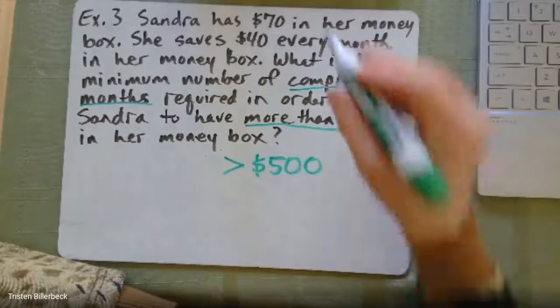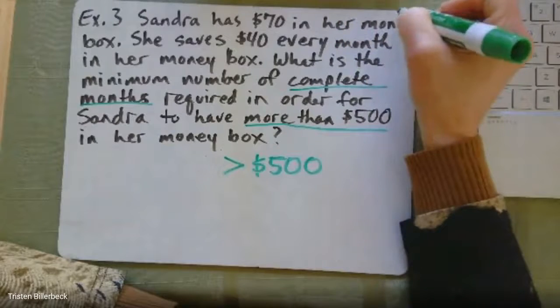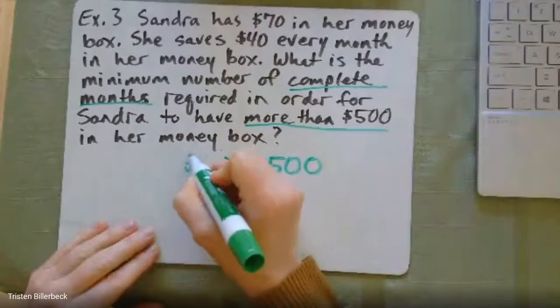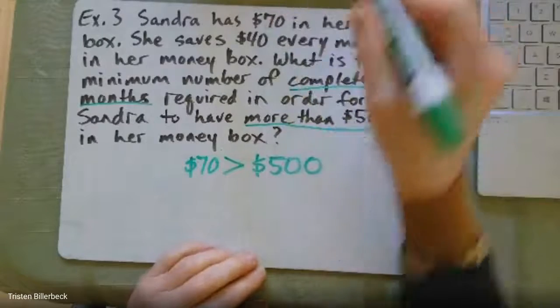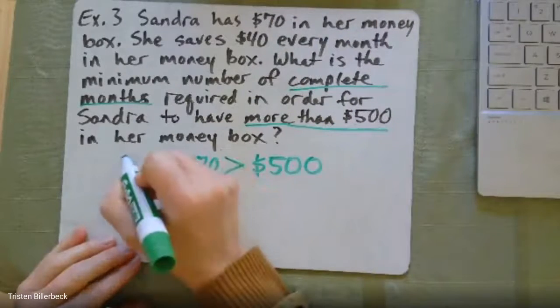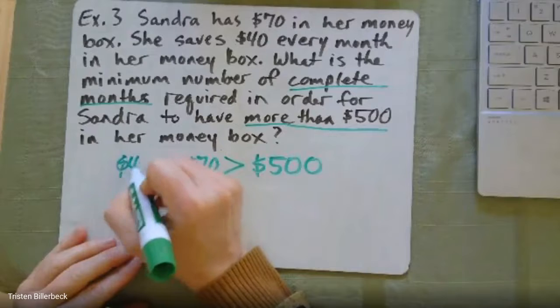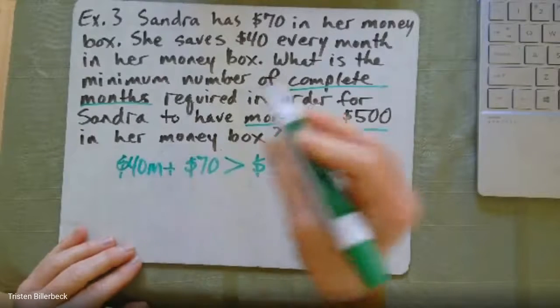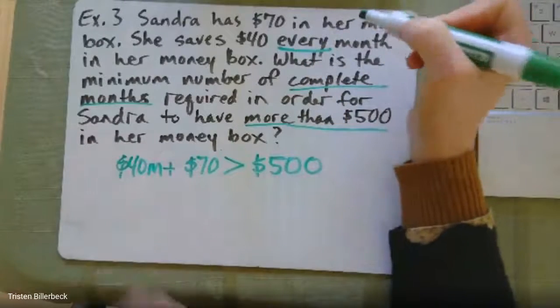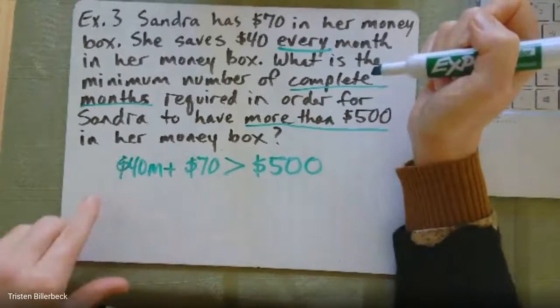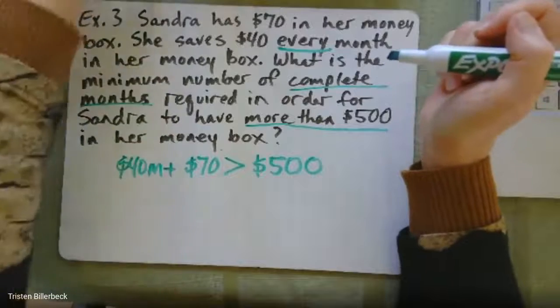So let's see, she has $70 in there. So that's a one-time thing, $70, but every month she makes $40. So we're going to put $40 times the amount of months. So remember, when you see words like every, that's how it's changing. So that's the one that goes with the variable.